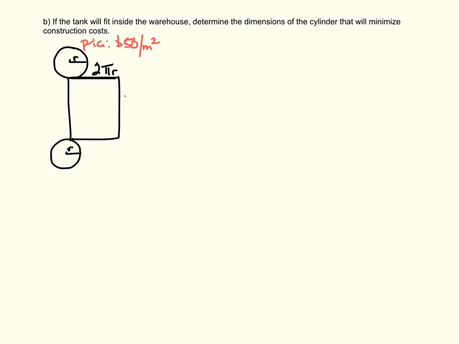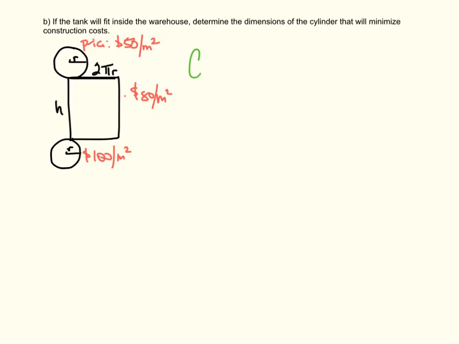This middle part is going to be $80 per meter squared, and the bottom is $100 per meter squared. And we also just want to label this. This is our height. So now we want to come up with an equation for our cost.